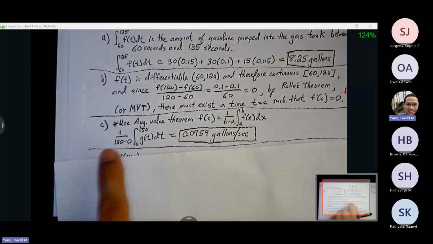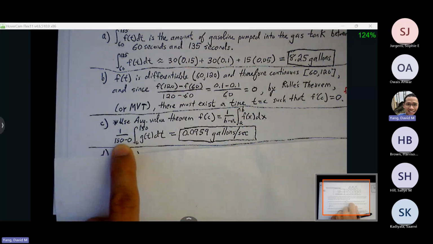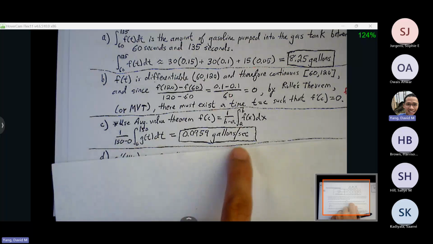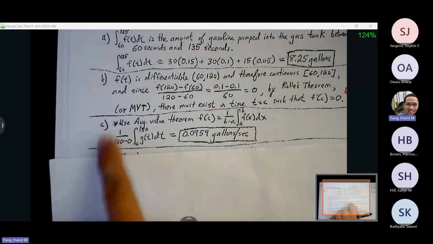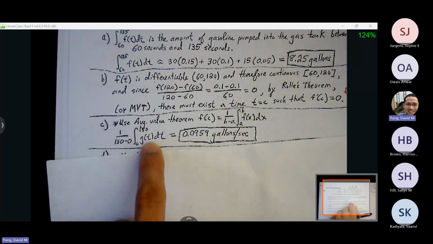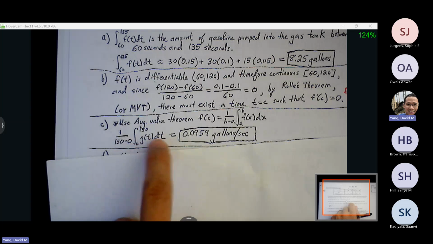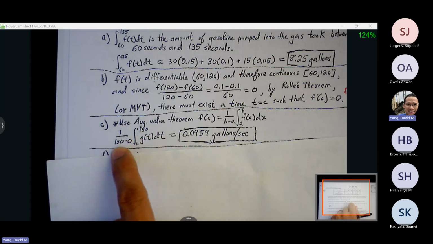My a value is 0, my b value is 150. My units will stay the same, because the integral of g of t is going to make it rise up to gallons level, but then divided by 150 is going to take it back down to gallons per second.